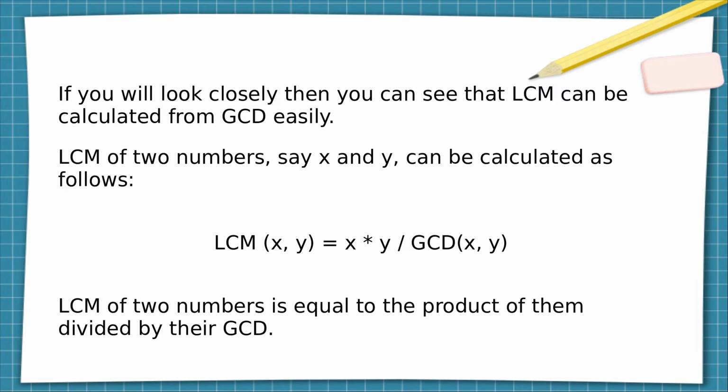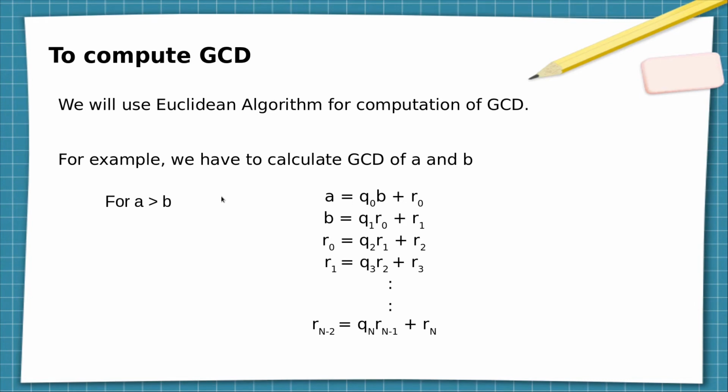LCM is nothing but the product of the two numbers divided by their GCD. So to calculate LCM, we just need GCD. So now our main aim is to calculate GCD. Now we will see how to calculate GCD. We will use the Euclidean algorithm for computation of GCD.